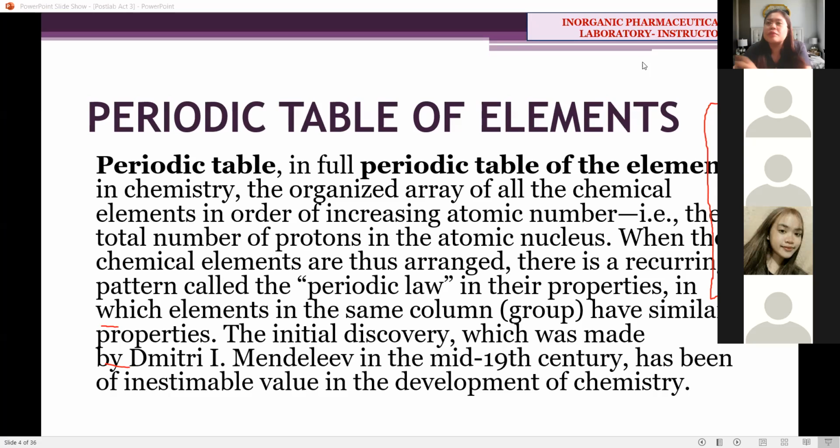So kanang atom, dili na siya ma-breakdown into simpler pa na substance, but these atoms contain subatomic particles. So kanang mga subatomic particles mo na siya ang protons, neutrons, and electrons. Do not forget, pag protons positively charged, pag electrons negatively charged, and neutrons are neutral.